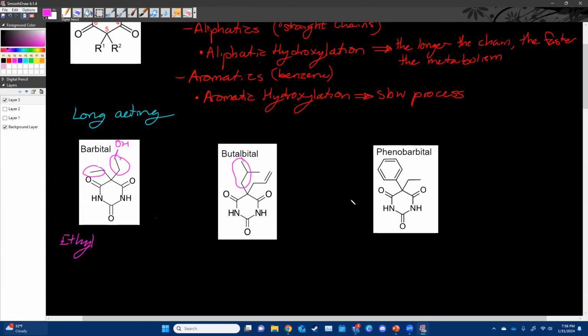We have 3 carbons, but we have this methyl group right in the middle, and that is making it hard for the enzyme to come in and to metabolize. So here we actually have an isobutyl group. Now you might be looking at this double bond, and just remember that double bonds won't undergo aliphatic hydroxylation.